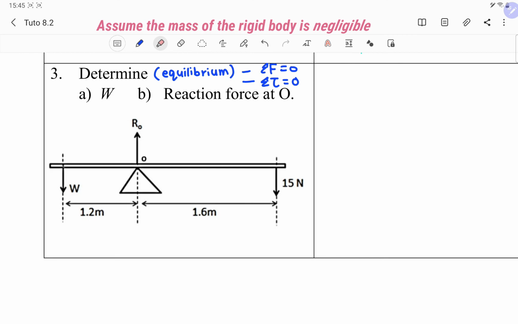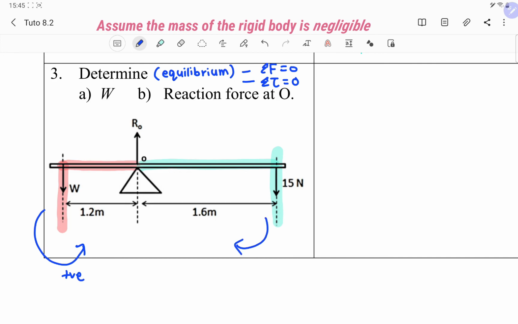Now W is going down, and the 90 degrees from the line of action to the point of rotation is D. 1.2 is the moment arm. On the right hand side, we have 15. From the 15 to the point of rotation, 1.6 is the moment arm. Here the rotation is going to be anti-clockwise, positive.